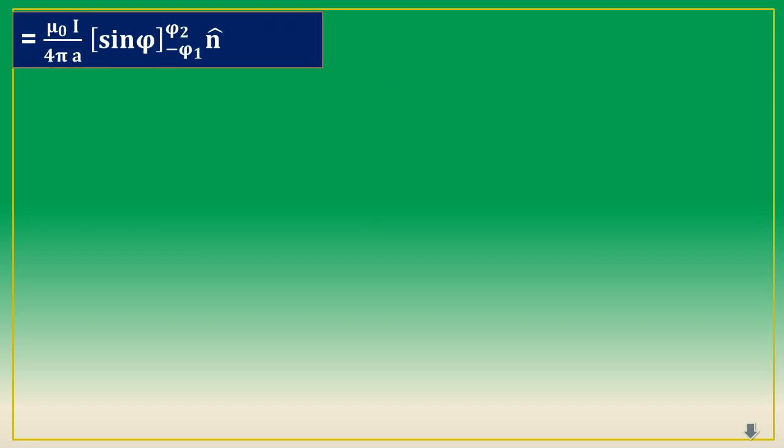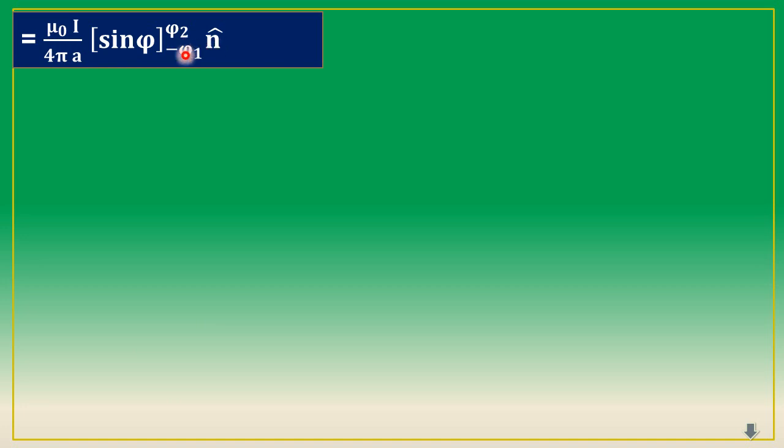Students, I know this is a hard and long question, so stay connected to each and every substitution, then you can learn this question very easily. Mu naught I divided by 4 pi A into sin phi, from minus phi 1 to phi 2, into n cap.